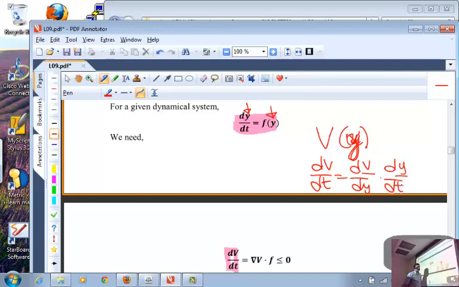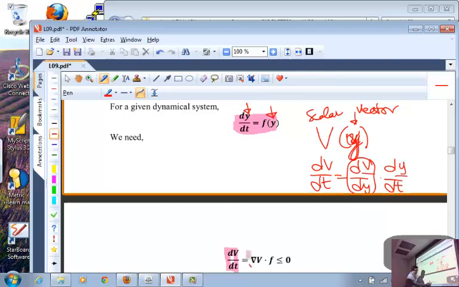Okay, but dv dy, what is it? Is it a scalar, a vector? v is a scalar function, but it's a scalar function of a vector. The state is a vector. Okay, so v is a scalar, but I'm taking it with respect to y, a vector. So that is going to be the gradient operator.